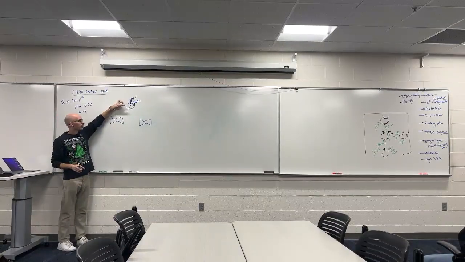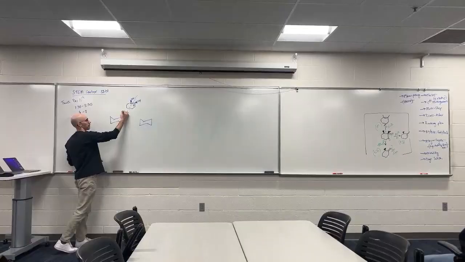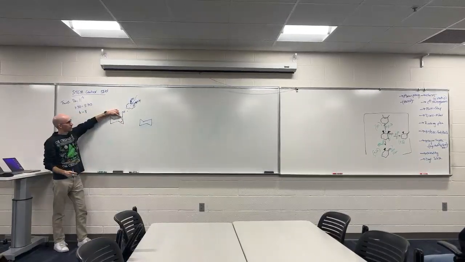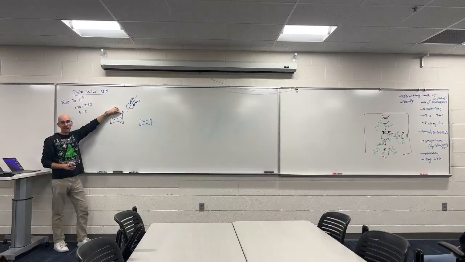Up OH on an up carbon takes what position? Up axial, straight up. What else is connected to this carbon? Sorry? In what position? Down, equatorial. The up position on this carbon is already claimed.